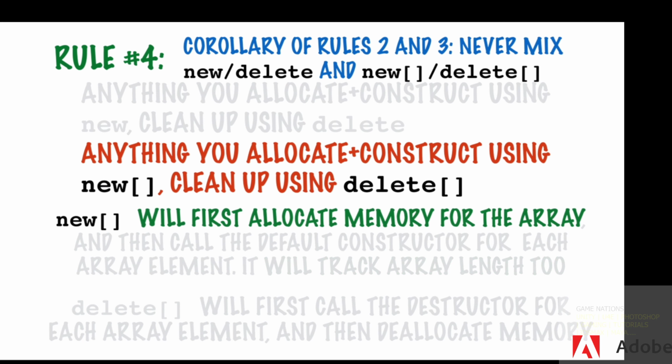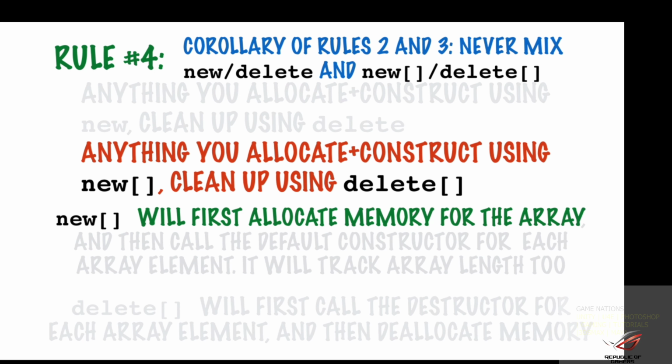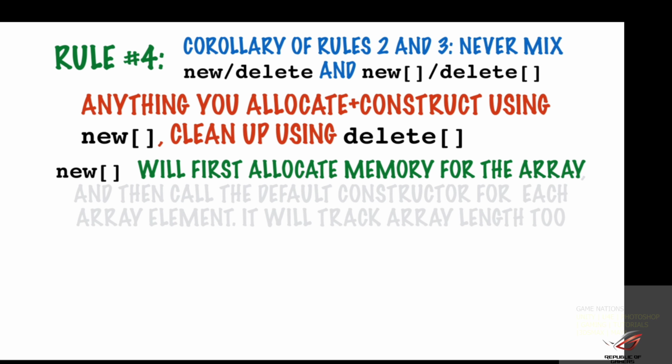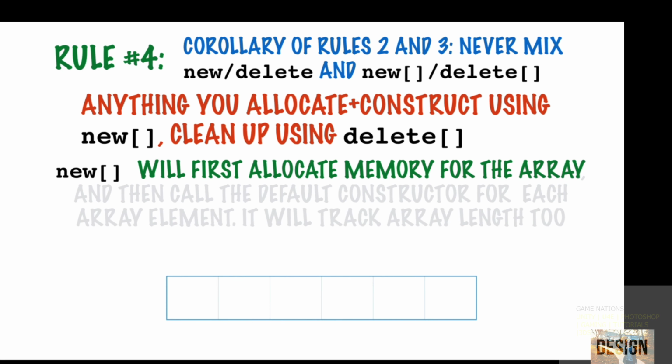Let's focus on the very first thing that new with square brackets does. It will first allocate memory for the array. Remember that the array is a list of elements. So the memory that will be allocated looks like a list of elements, and each element has its own constructor. So new has now only taken care of allocating memory for the array. Again, new with square brackets because that's what we're discussing here.